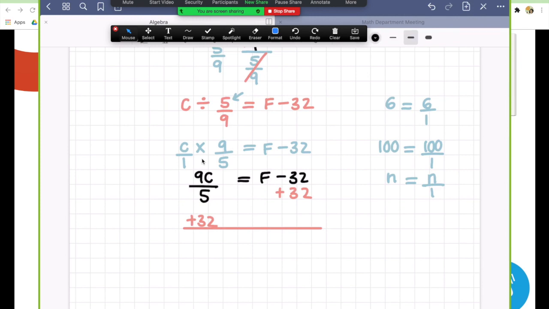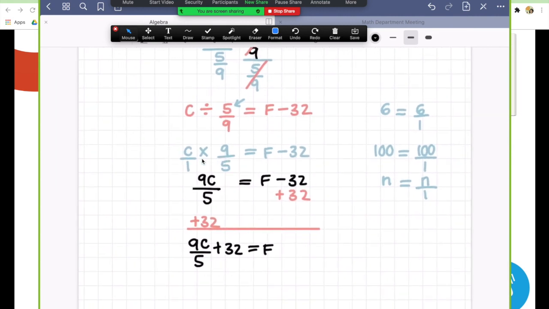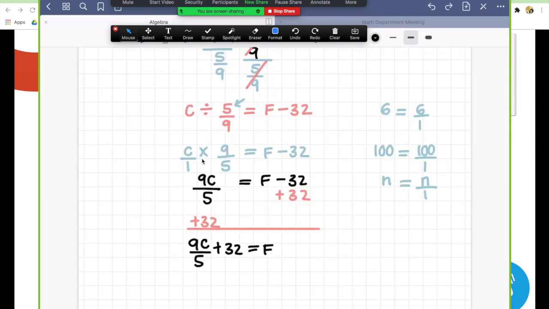That means I just have to move the 32 to the side, so I'm going to be left with 9C/5 plus 32 equals the Fahrenheit. So now, let's say that I knew what the Celsius degree was. Okay. Let's say I knew what the Celsius degree was. I can convert it now to the Fahrenheit with this formula here. And so this would be my answer in the end.